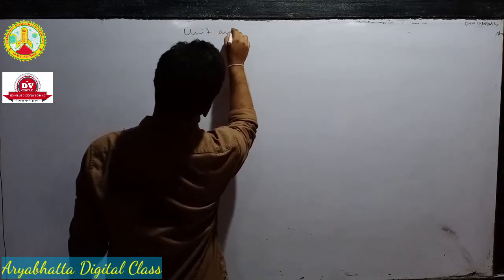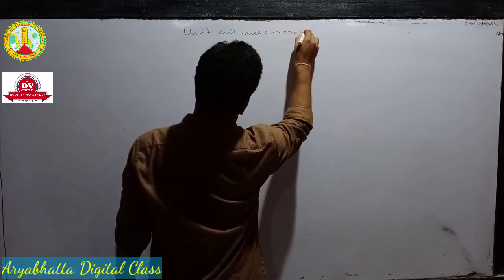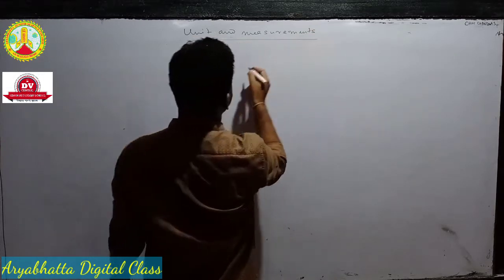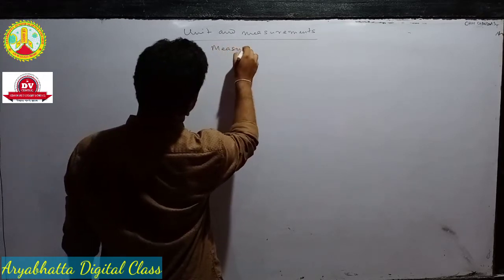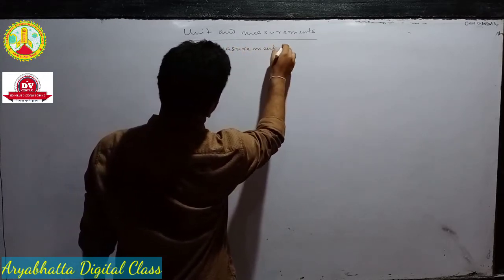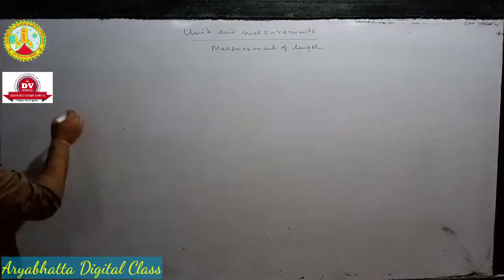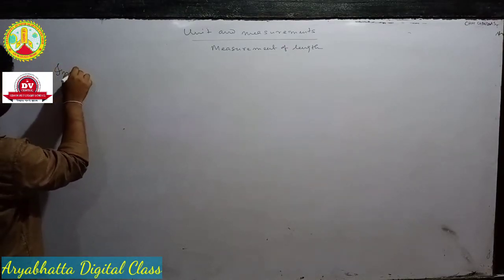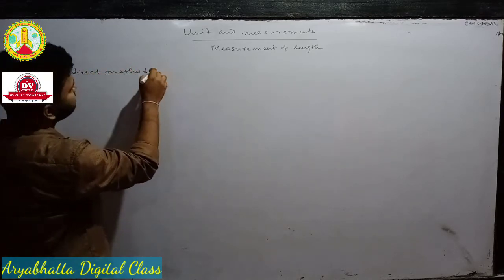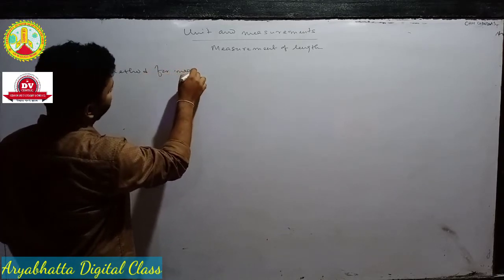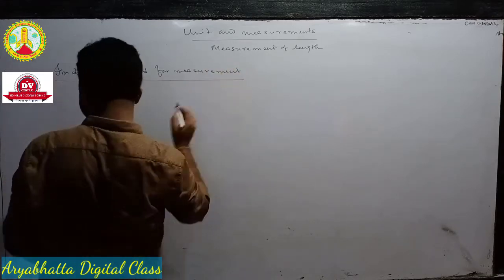The name of the chapter is units and measurements, and in units and measurements we are doing measurement of length, the indirect method for measurement of length.